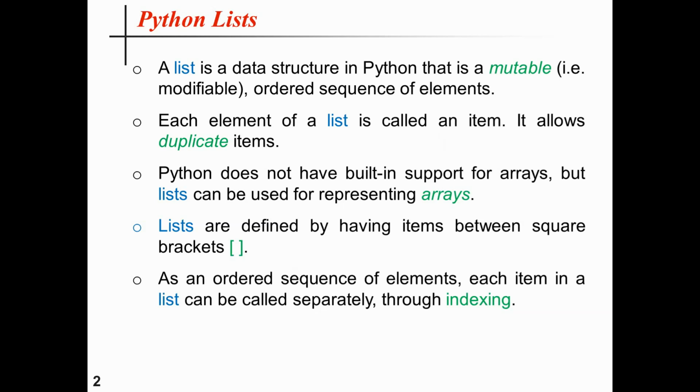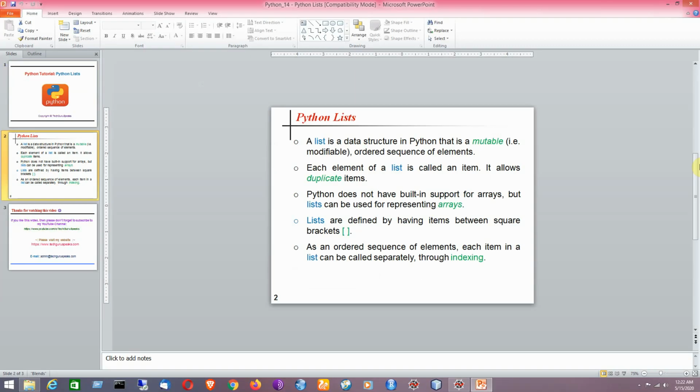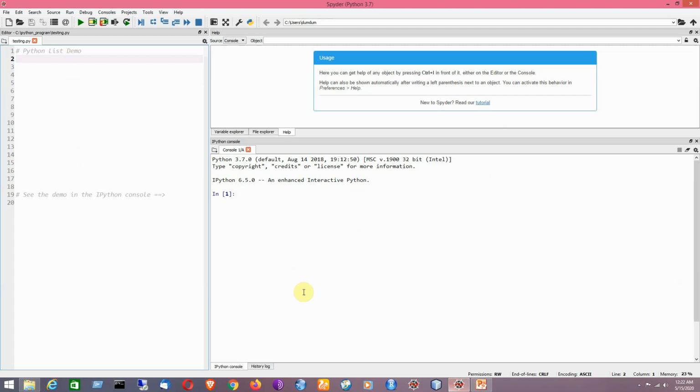Now I would like to demonstrate Python list by using the Spyder IDE, which is one of the most popular IDEs for Python programming. So let's move to the Spyder IDE.